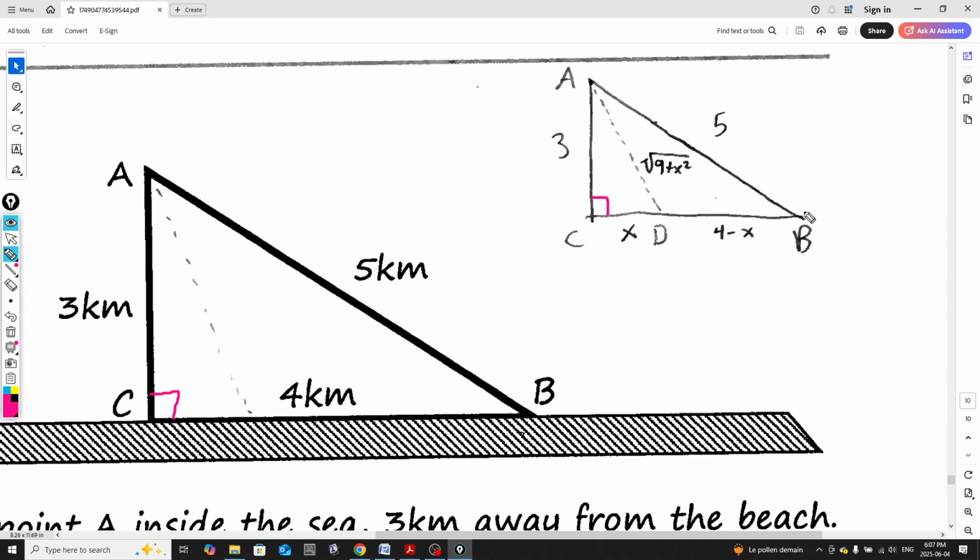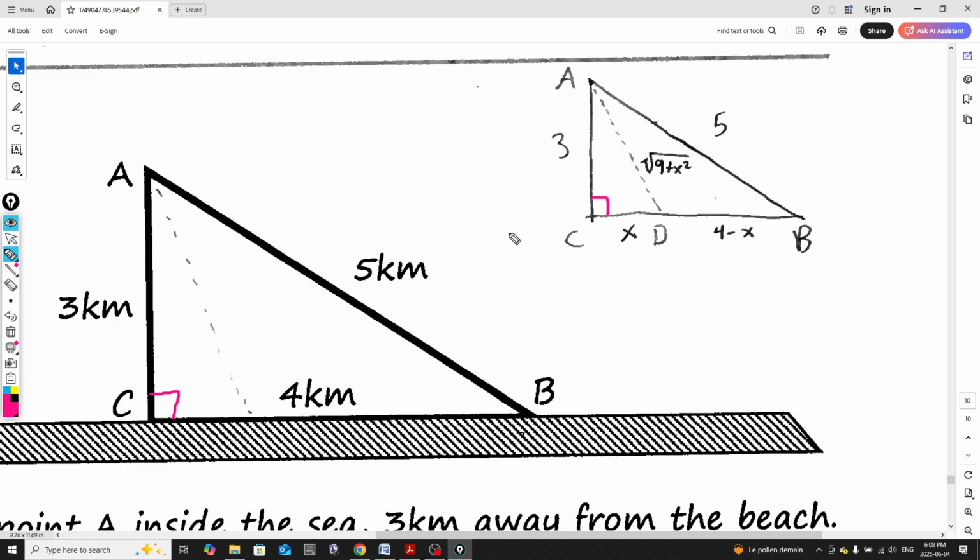And this distance right here is 4 minus x. So I have a distance that she spends swimming in the water, and a distance that she spends running on land. And I want to get an expression for the time and minimize that.